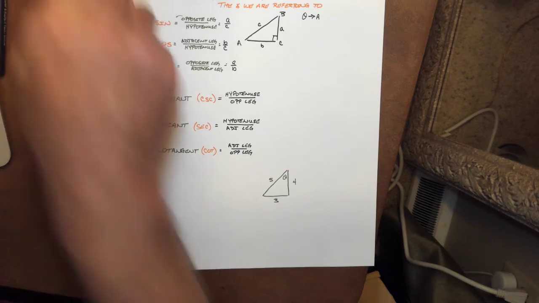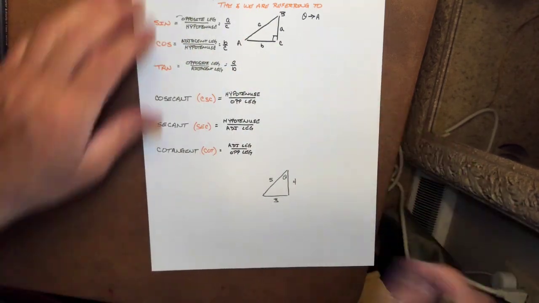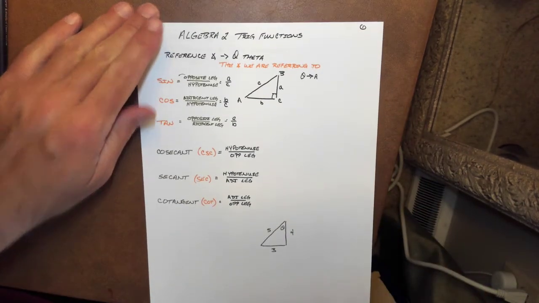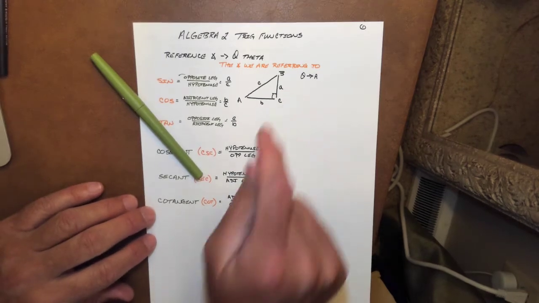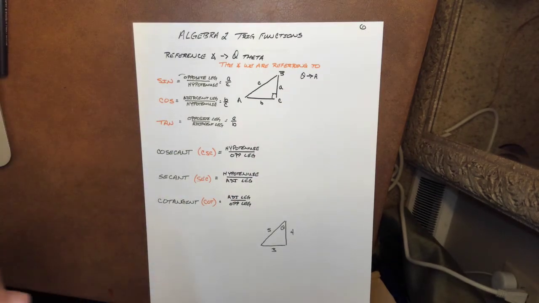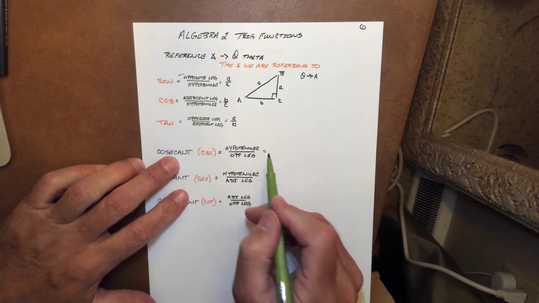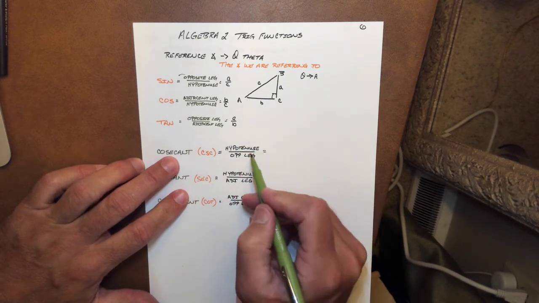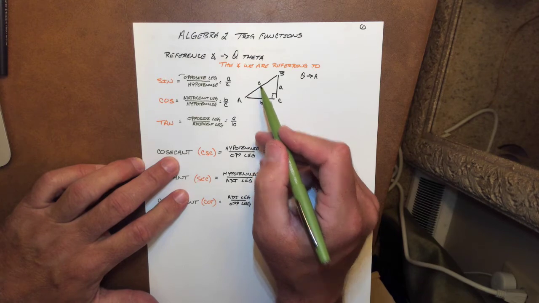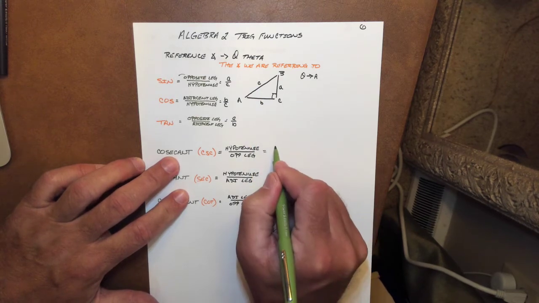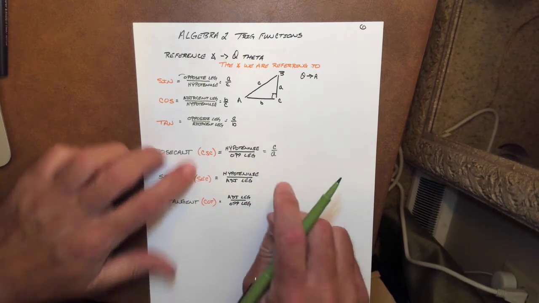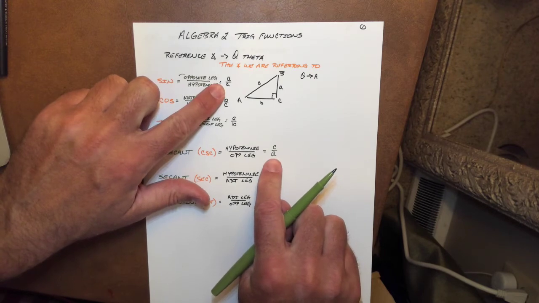I want to go back to this. Better. I'm going to come back to this and just, again, use A as our reference angle. The cosecant of angle A is defined as the hypotenuse, C, over the opposite leg. Again, you should probably see something there.